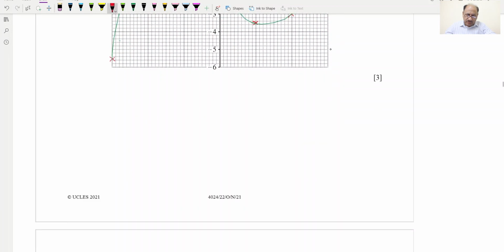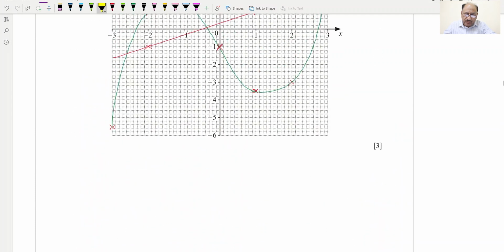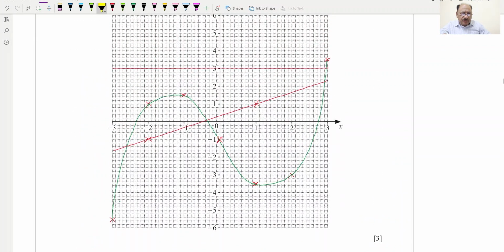Next part they are saying work out the gradient of the line L. So for the gradient of line L, we can consider this triangle, and we check the reference basically from here.